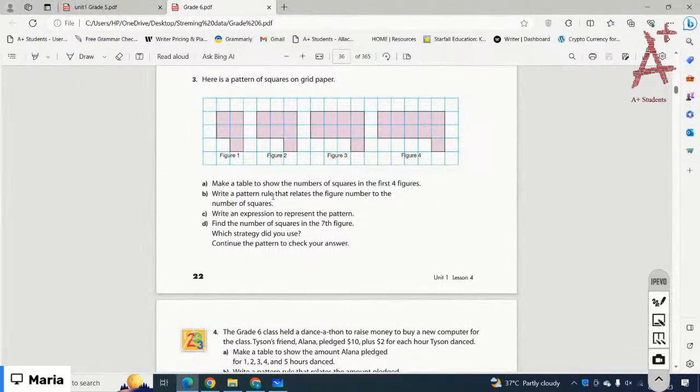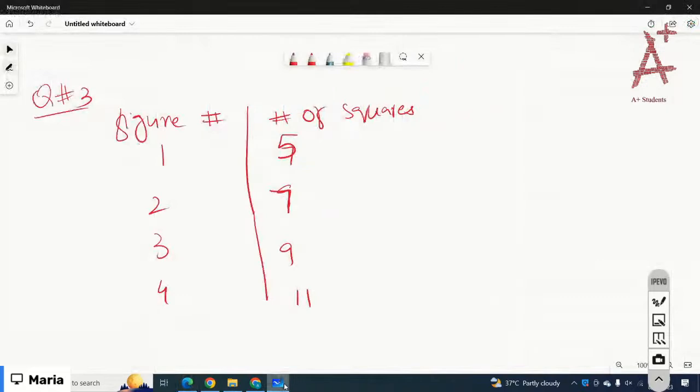Okay. Write a pattern rule that relates the figure number to the number of squares. Let me just understand. 1 plus 4, 2 plus 5, 4 plus 7, right?